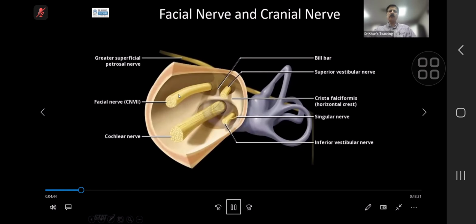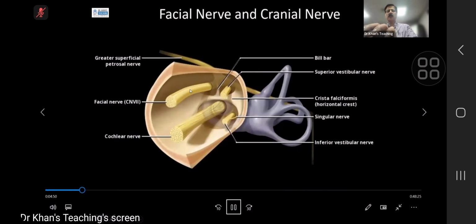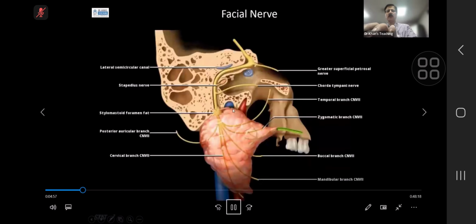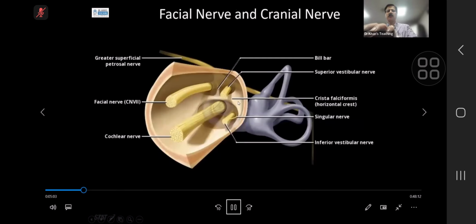Anterior superior quadrant is the facial nerve, common sense, because it is at a higher level. So this is facial nerve. Anterior inferior quadrant is the cochlear nerve. It comes out from the cochlea. Then there is superior and inferior vestibular nerve. These will join together.